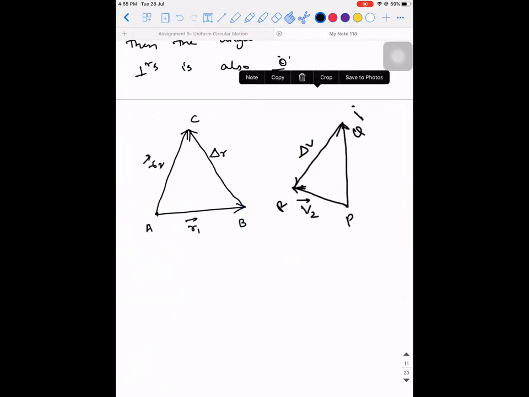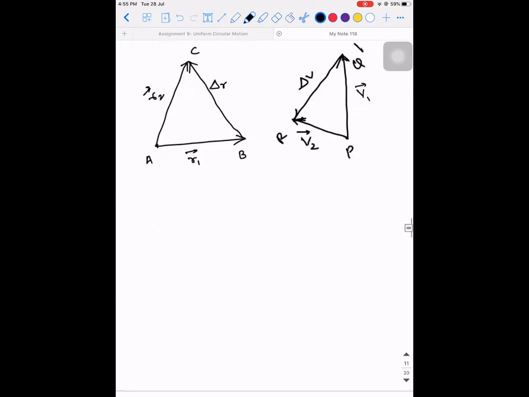Okay. So observe, this will be V1 vector. I hope there is no doubt in this. Right. So if the angle between AB and BC is theta, then in this triangle, tell me which angle will be theta. RQ and PQ. The angle between RQ and PQ will be theta 1.